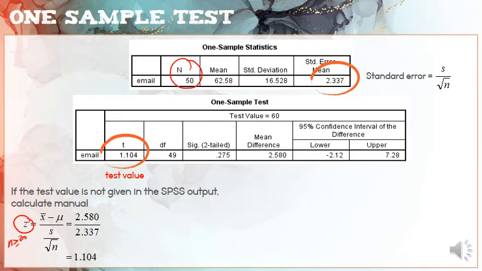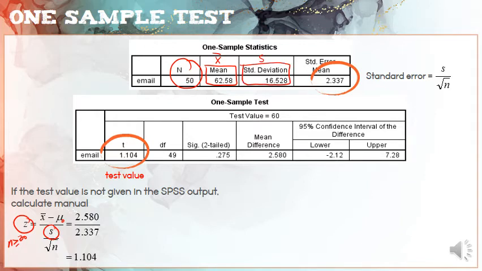Kenapa kita pakai X bar minus mu naught bahagi dengan standard deviation over square root N? Kita pakai standard deviation sebab kalau soalan tak bagi population standard deviation. So, daripada statistical table yang diberi ataupun daripada SPSS output, X bar is this one, X bar. Standard deviation S is here.